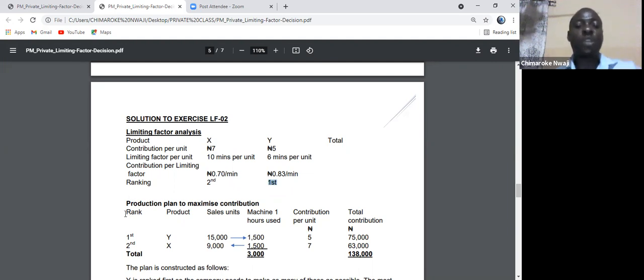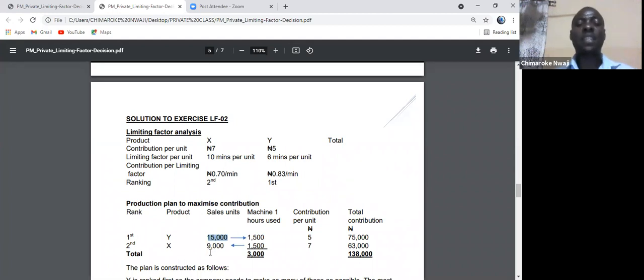Now look at how the production plan is drawn up. The rank is here, showing the first, second, perhaps third, fourth, fifth, like that. We have only 2 products, so we have first and second. The first was Y, and the second was X. The next thing to do is, how many sales units can we satisfy of these products, X and Y?